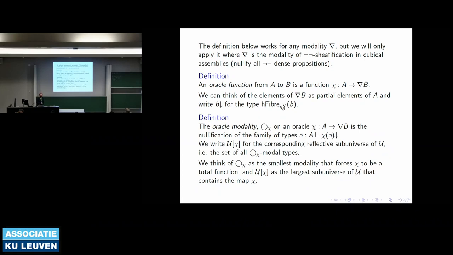Okay, and so nabla is kind of adding all functions that you have in classical logic, if you like, and so the oracle modality is the way to just take one of these functions and add that function in a minimal way and no others.